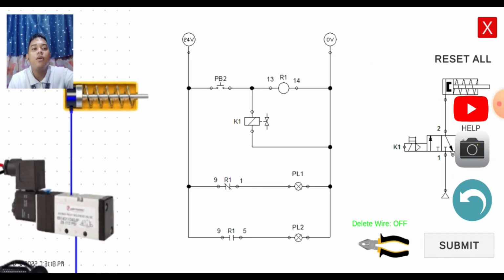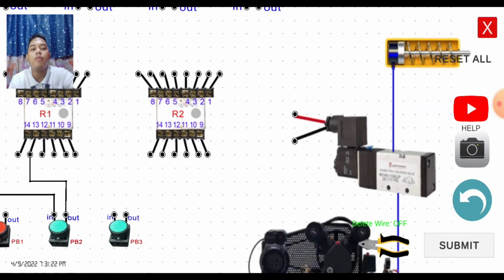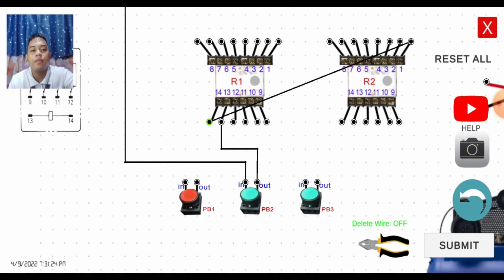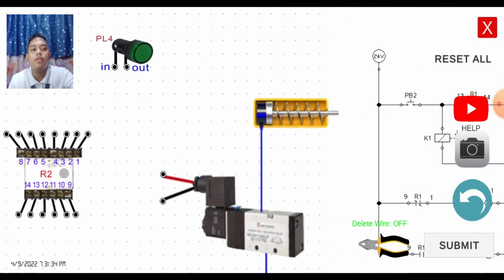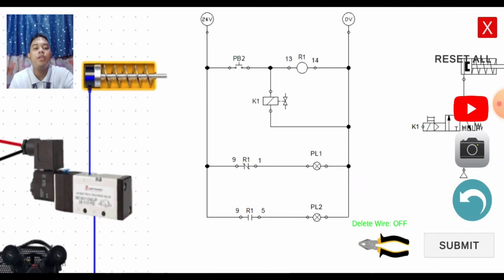Next, 14 of R1, connect it to the 0 volts or negative part of the power supply. Then we're done in the first rung.